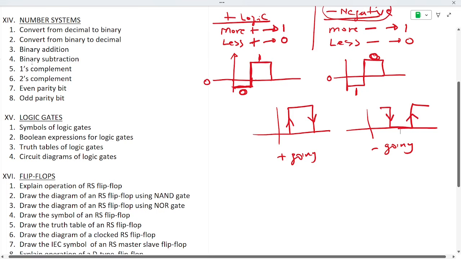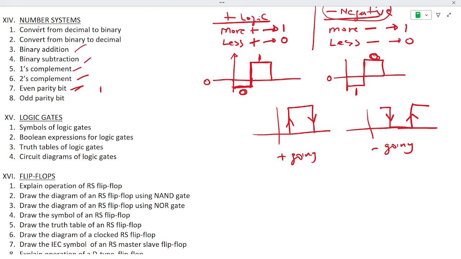Binary addition, binary subtraction, ones complement. So you go through all of this: binary addition, binary subtraction, ones complement, twos complement, even parity bit. An even parity bit is a 1 that must be added to a word to make the number even or uneven.